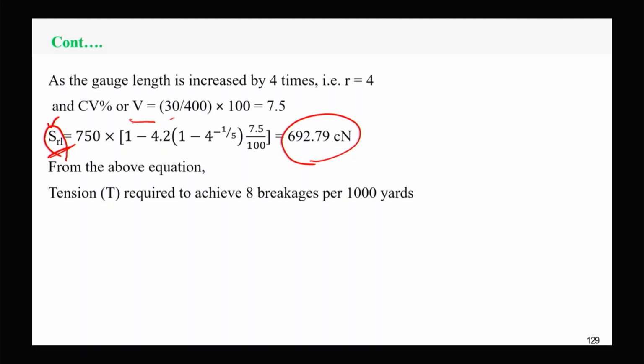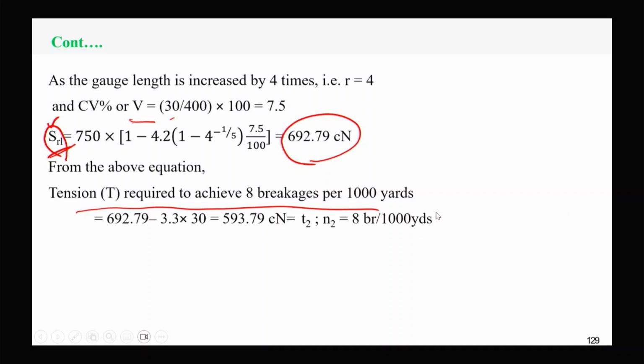From the above equation, the tension required to achieve 8 breaks per 1000 yard will be 692.79, which is the static strength, minus 3.3, a factor, times the standard deviation.